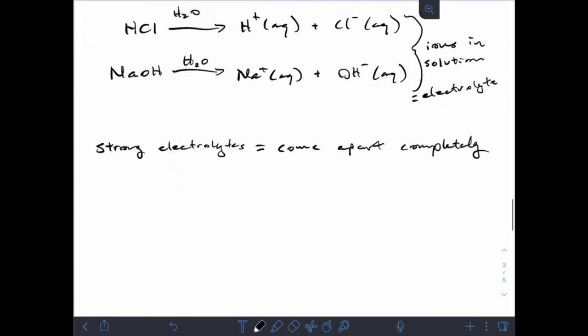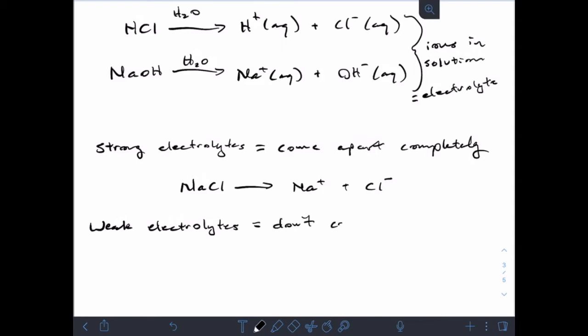Something like sodium chloride is a strong electrolyte because all it does is come apart into sodium plus and Cl minus. Weak electrolytes don't come apart completely, or we say we don't completely dissociate.